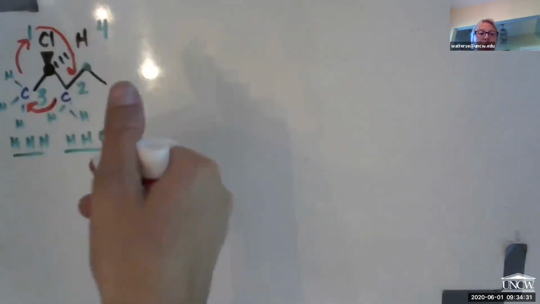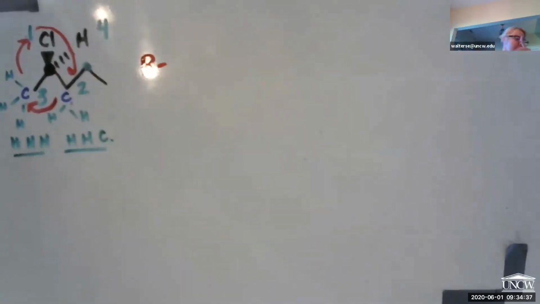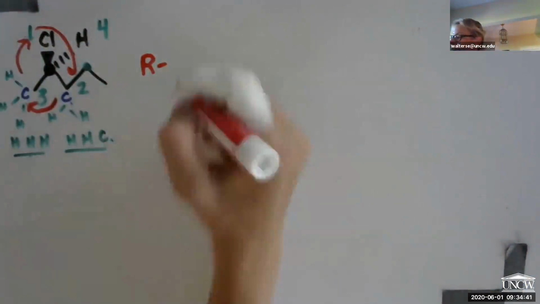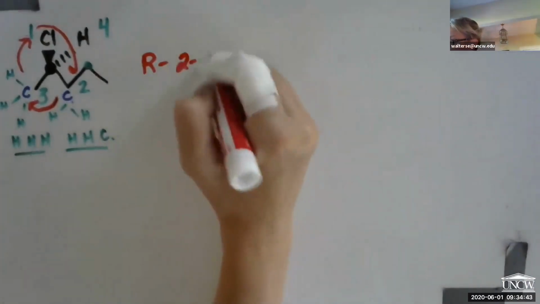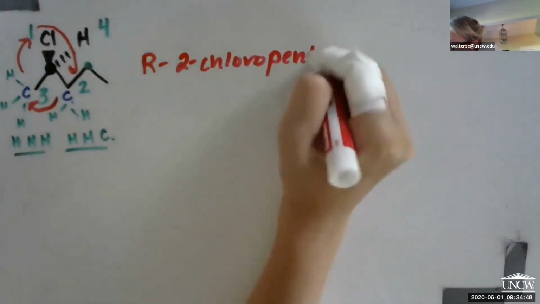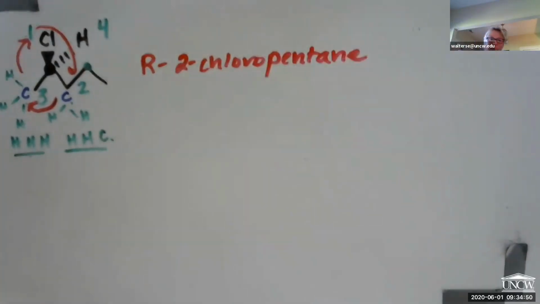When you rotate in the direction the arrows point, you get R. So this compound is R-2-chloropentane. Now it's 2 bar.